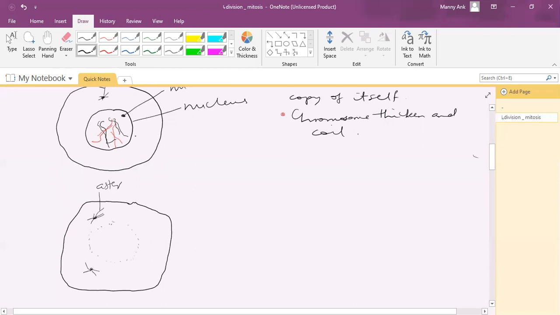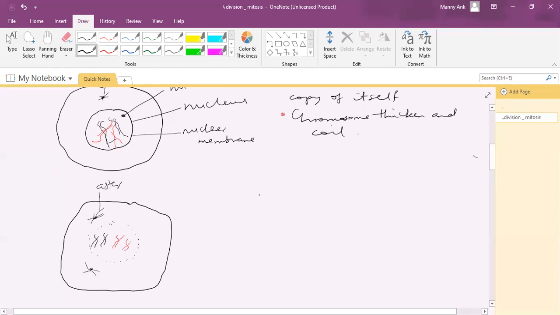So let's put this here as a nuclear membrane. So that breaks down during the early prophase. So we're going to have these chromosomes like that.